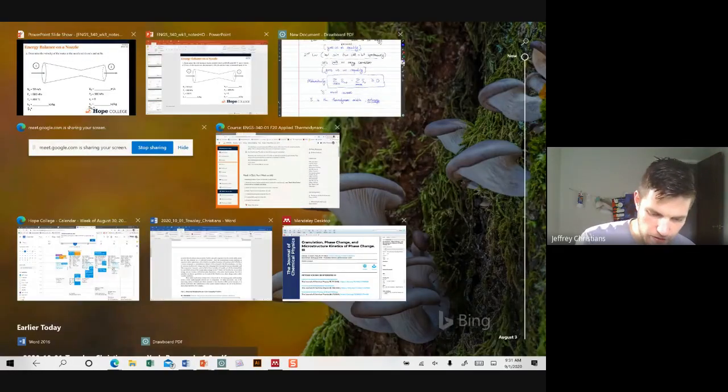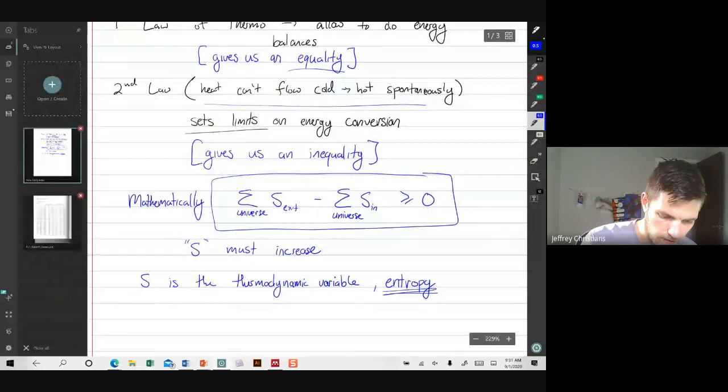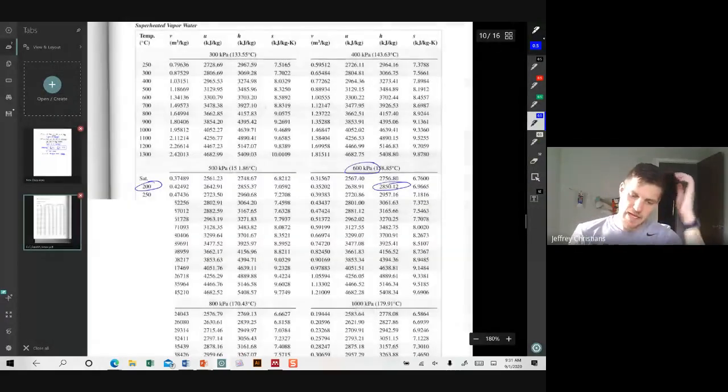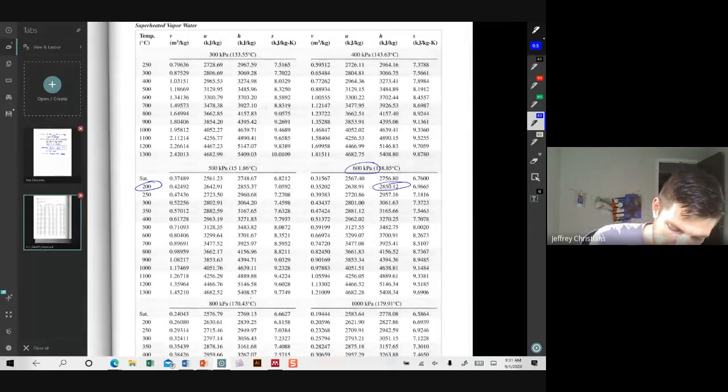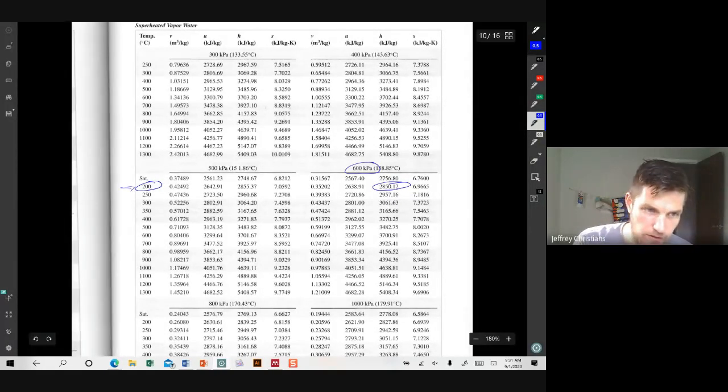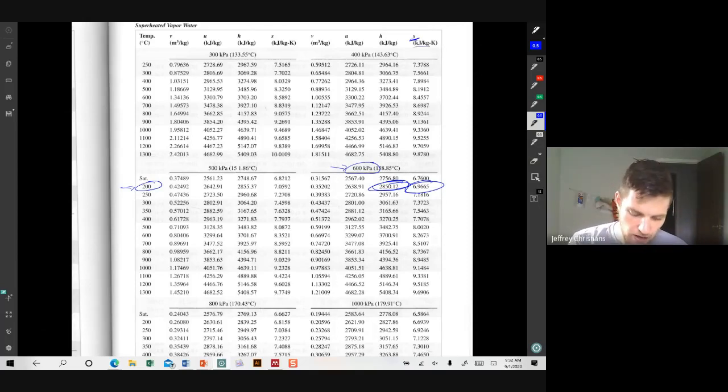if I go back to one of our thermodynamic tables, if I want to find the entropy of our inlet, I would find, again, right here at 200 degrees C, here at 600 kilopascal, this is where we found the enthalpy, and this is where we would find the entropy. It's this value S. The units are kilojoules per kilogram Kelvin.